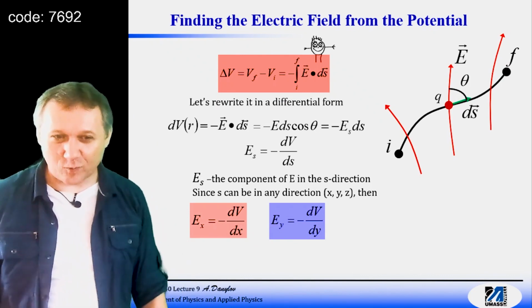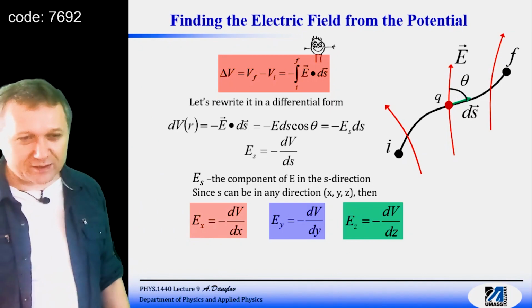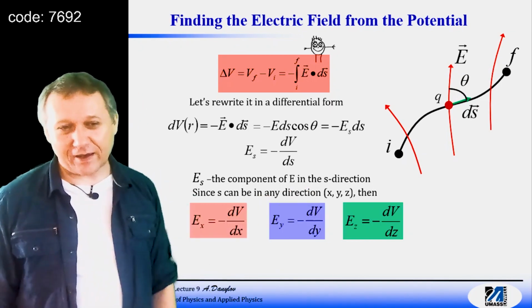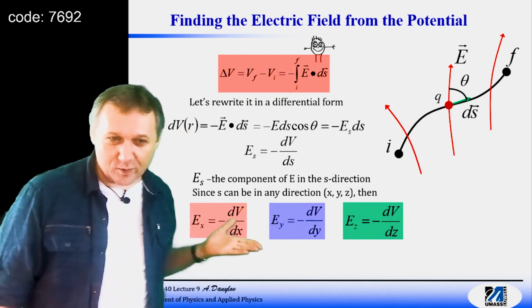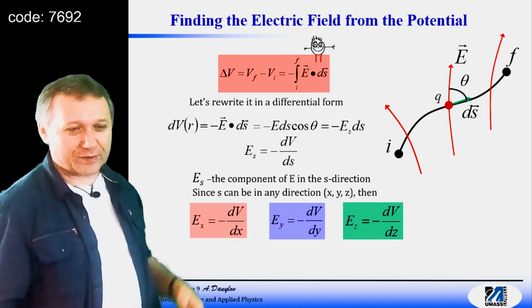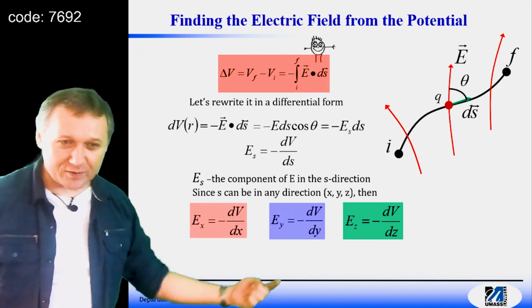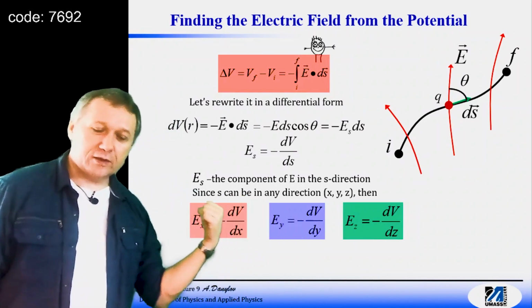In exactly the same way, right? So I will get E sub z equals minus dV over dz after I align my s direction along the z axis. So we get three formulas. So now the bridge consists of three parts in order to move from the electric potential V to the electric field.